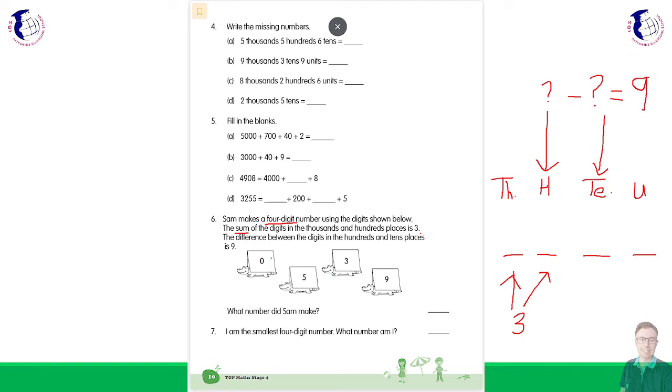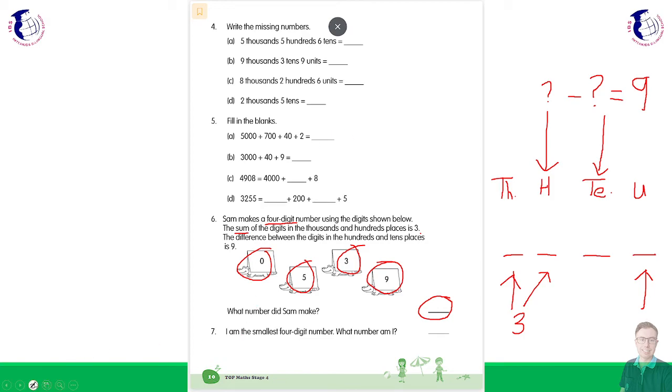Out of these 4 numbers down here, the difference between 2 of them is 9. If you can work that out, it will also tell you what number is here, and there'll be 1 number left over, which will give you your 4-digit answer to go here. I won't give you any more help than that, because otherwise I'll just be telling you the answer. Hopefully that has given you a clue as to what to do.